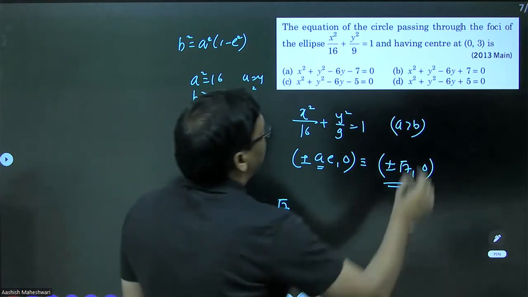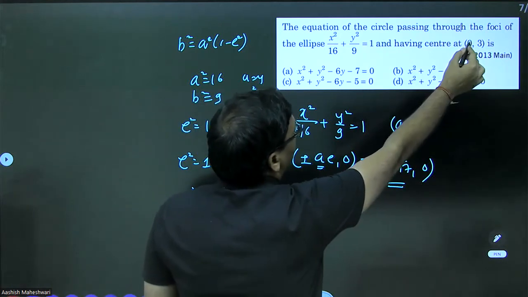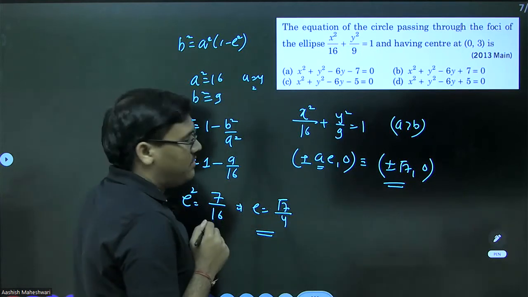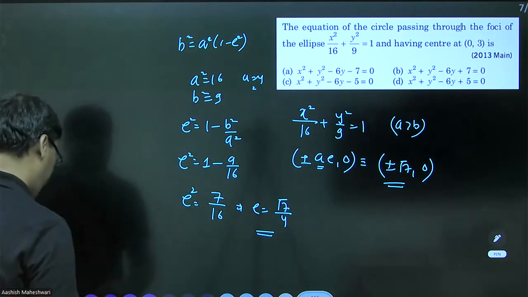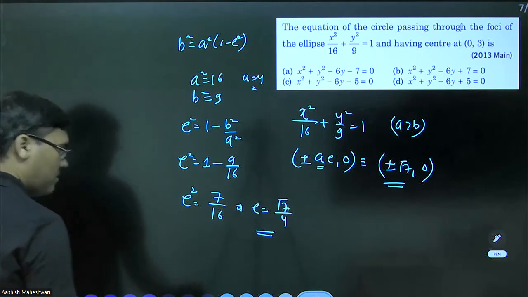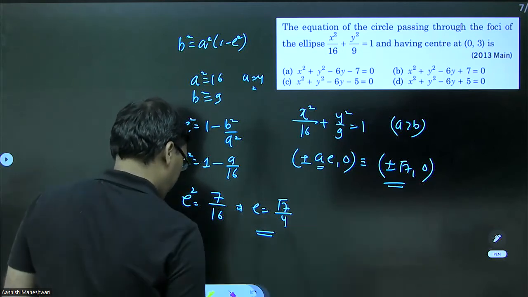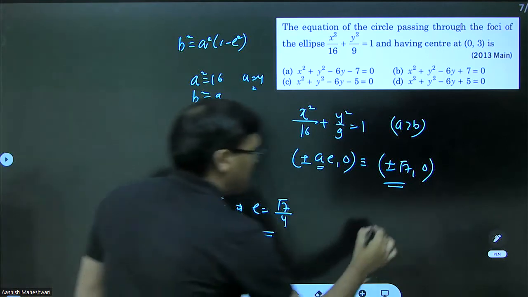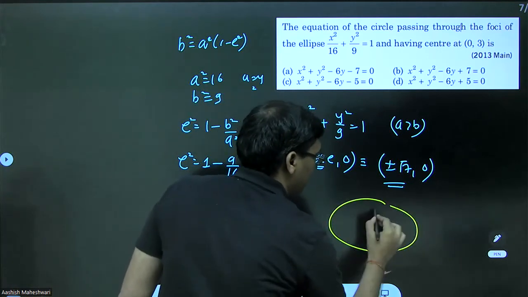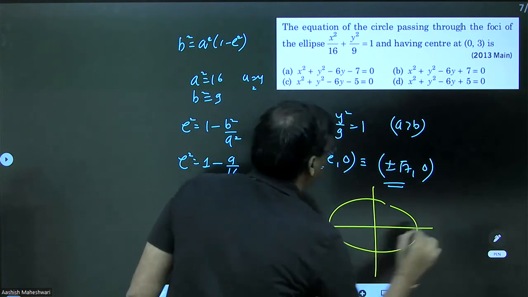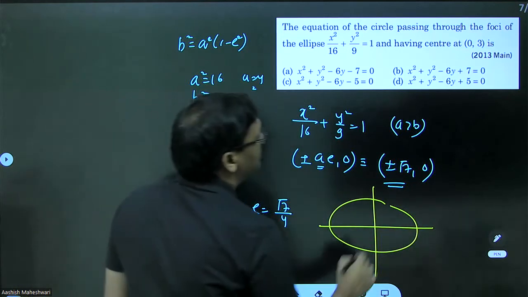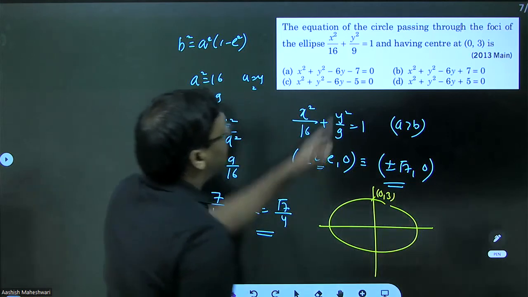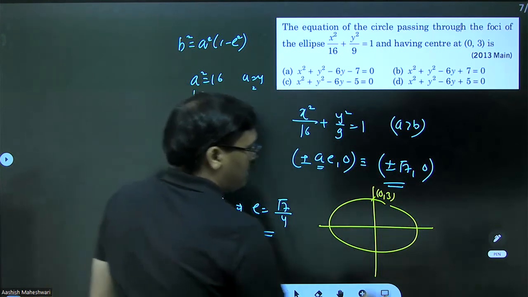Now the question is the equation of the circle passing through the foci of this ellipse and having center at 0, 3. So now see, let me draw the diagram. So let's say this is the ellipse and this point is 0, 3.